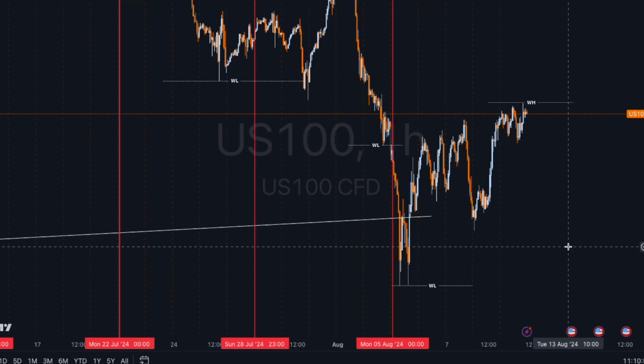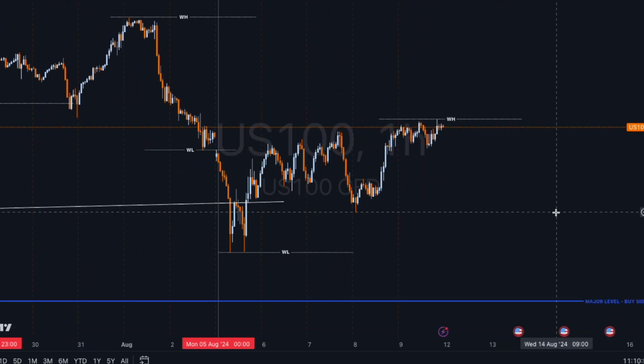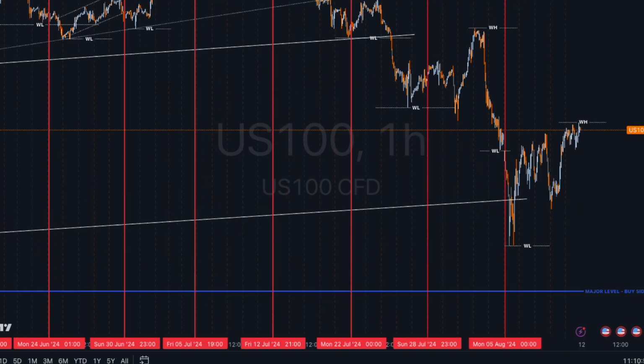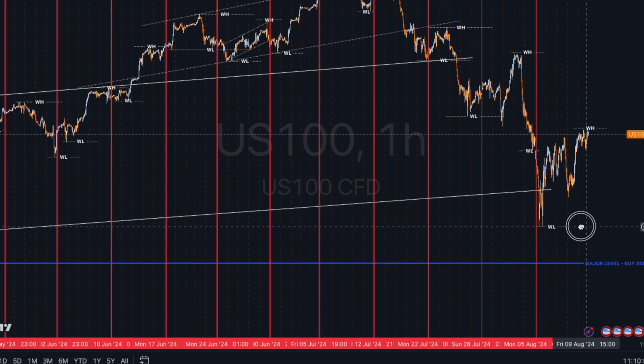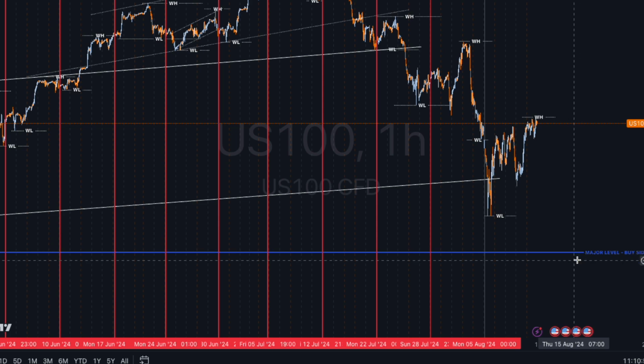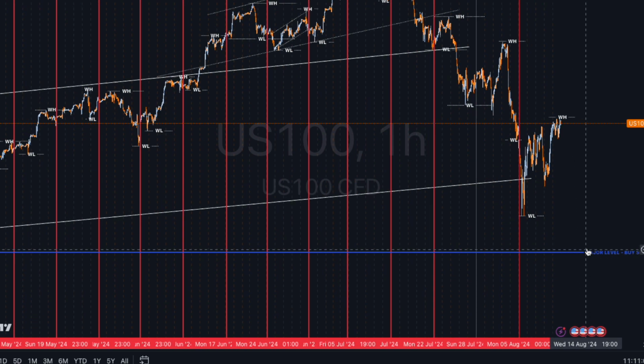With these two levels in place, as we can see, market is edging closer and closer to getting below the buy side level of the Nasdaq. So we also need to keep an eye on what market does as it pulls back down again.